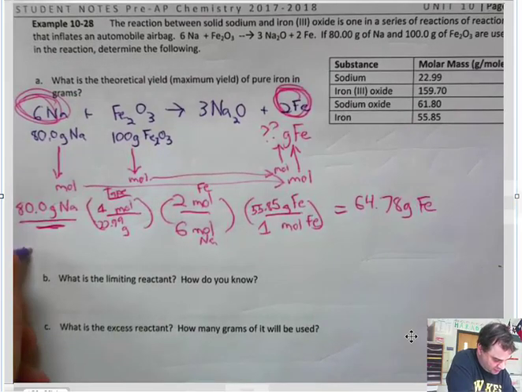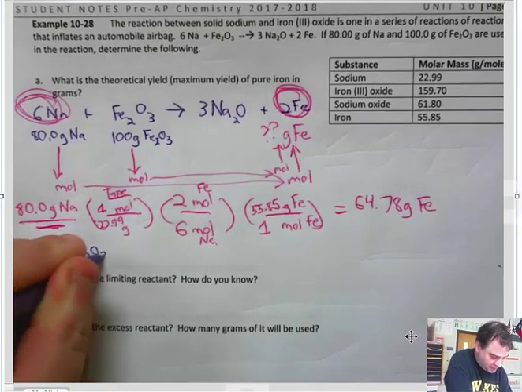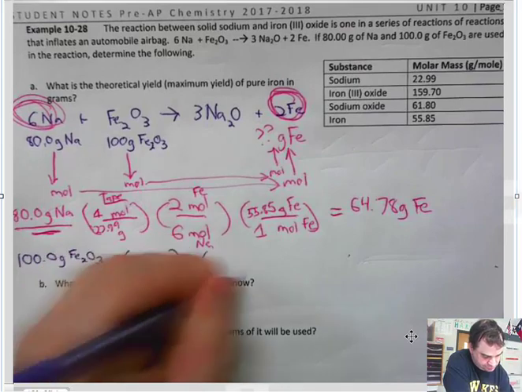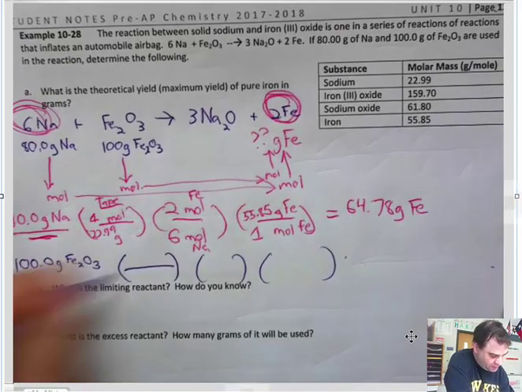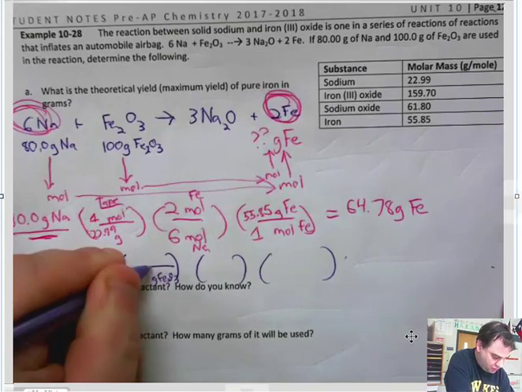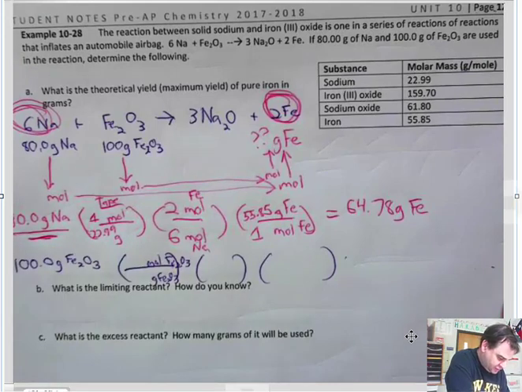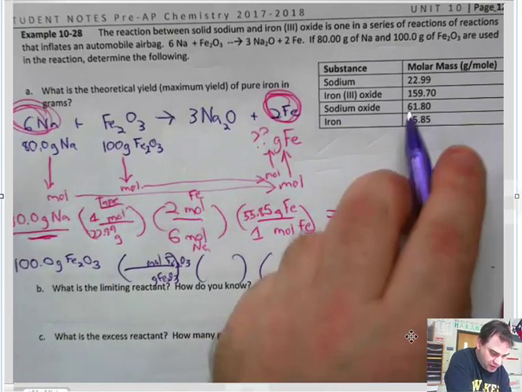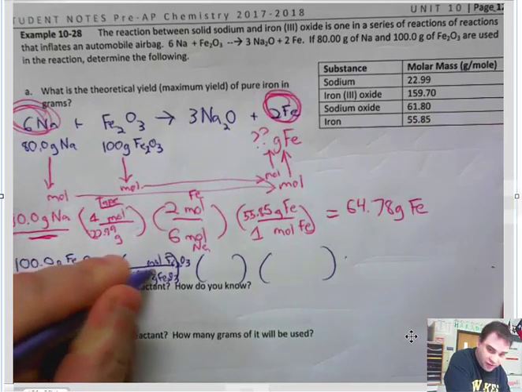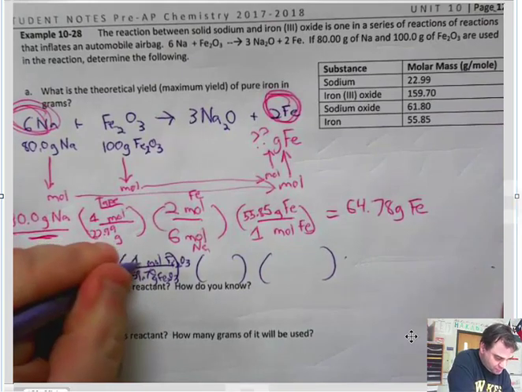So this is 100 grams of iron oxide. Grams on the top, grams on the bottom. What are we going to convert to? Moles of iron oxide. The molar mass is 159.70 grams, 1 mole.